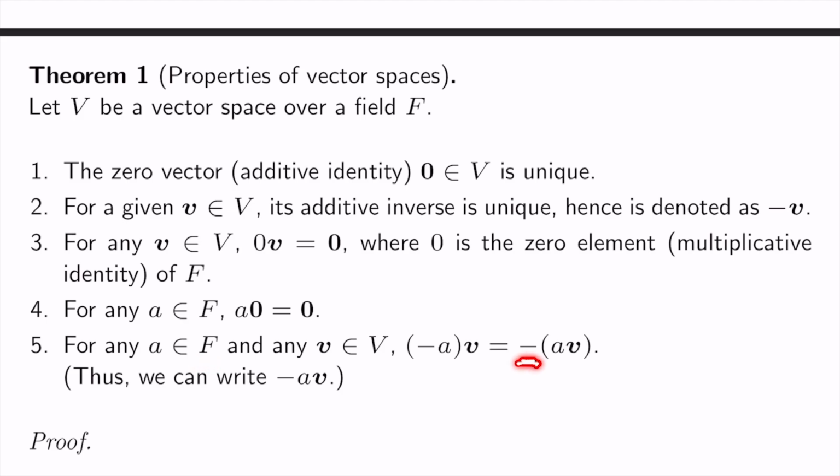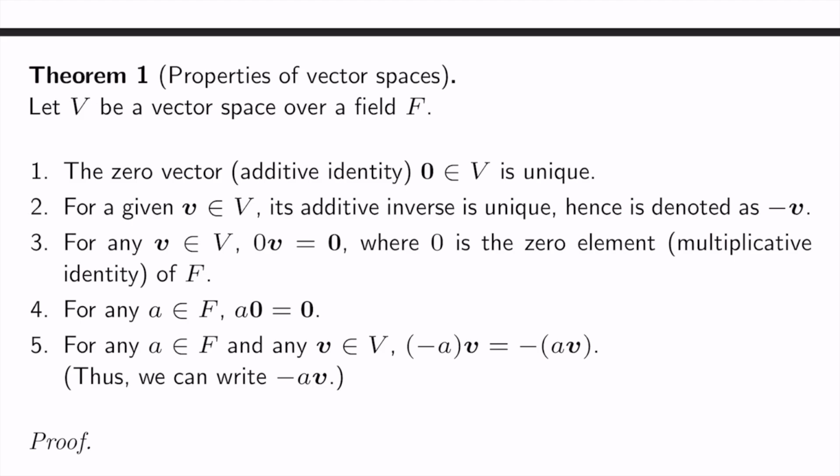And this negative av means the additive inverse of this vector in the vector space. Because this holds, we can just write either this or this as just negative av. So it doesn't matter where we put the parentheses.